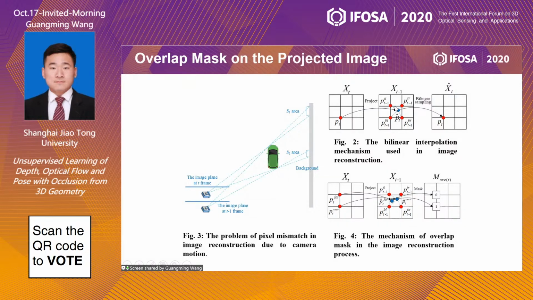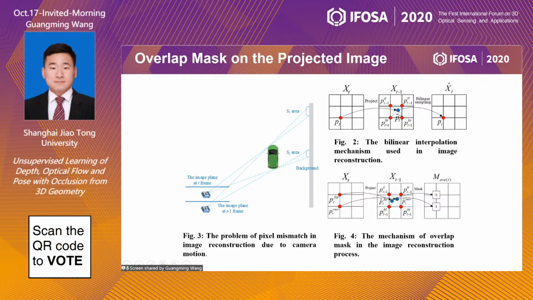Then we can use the camera model to project this point in 3D to 2D in I_t-1. But this point may be projected to a position, like in figure 2, that is not an integer position.